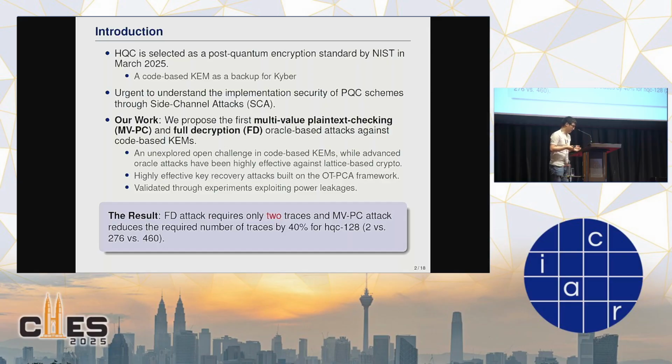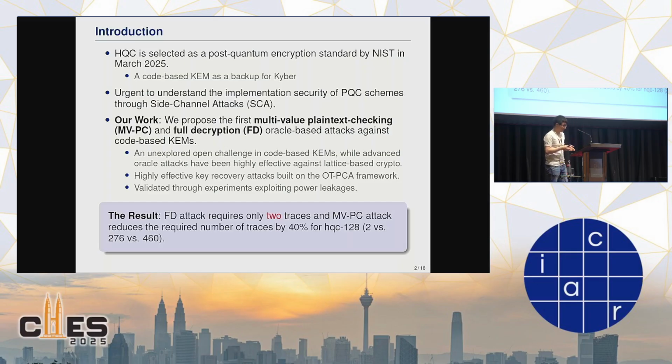But now, at CHES, we had this OTPCA framework, and based on that, we can solve this problem and achieve very effective key recovery. So in this paper, we propose the very first MVPC and full decryption oracle attacks on HQC.